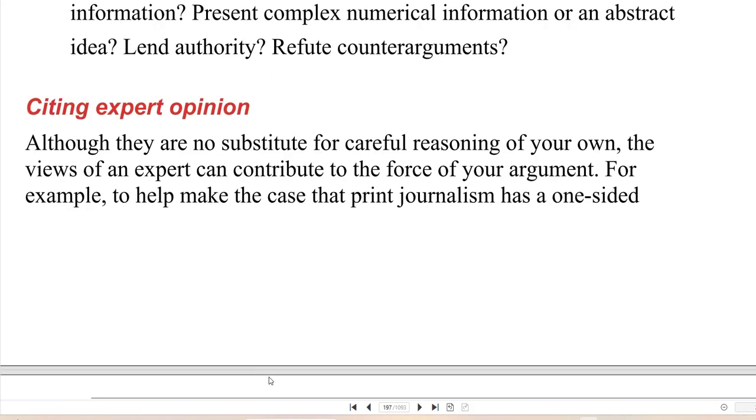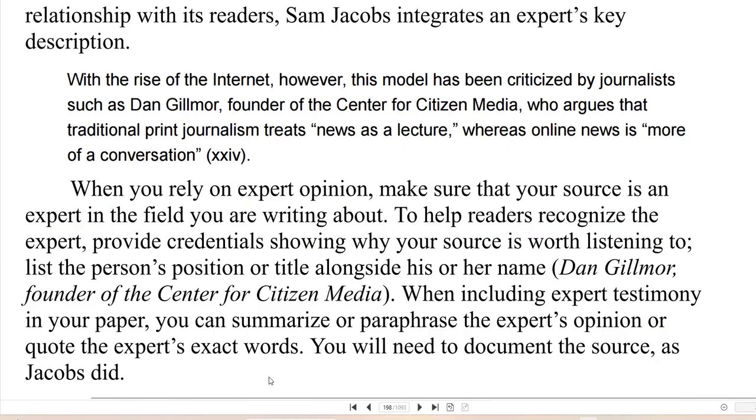Citing expert opinion. Although they are no substitute for careful reasoning of your own, the views of an expert can contribute to the force of your argument. When you rely on expert opinion, make sure your source is an expert in the field you are writing about.